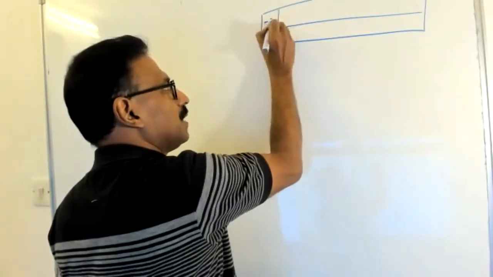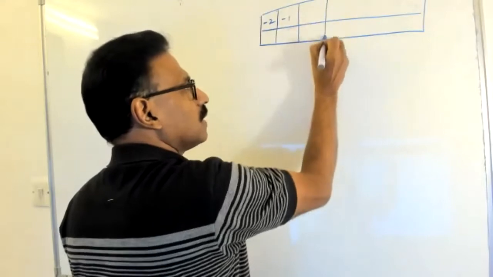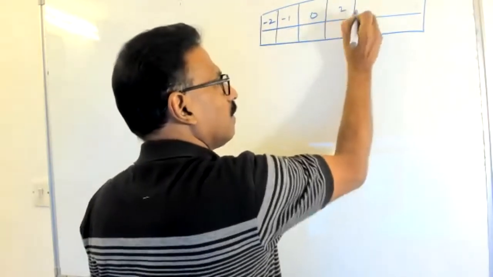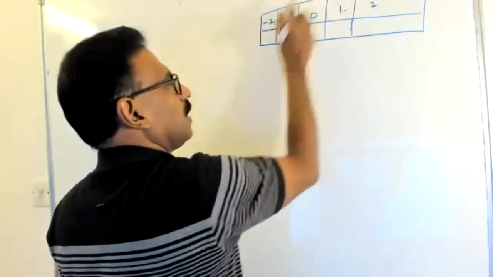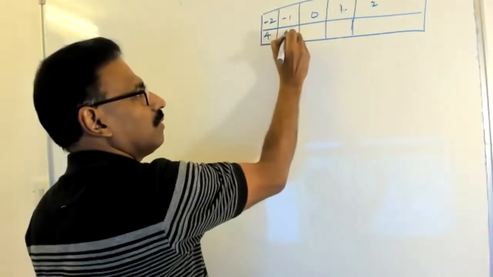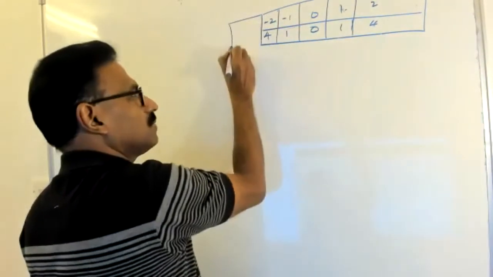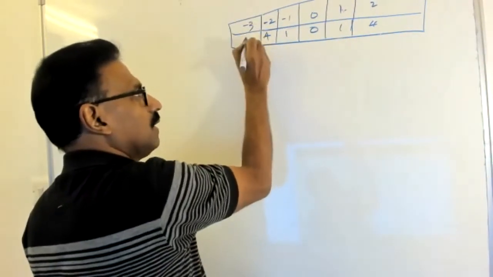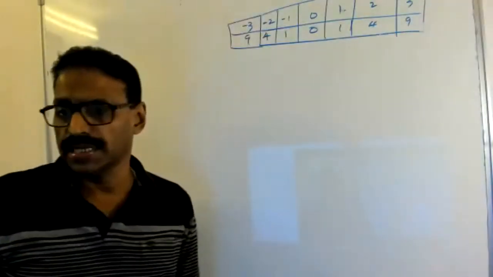I just substitute minus 2, minus 1, 0, 1, 2. Here is 4. This one 1, 0, 1, 4. If I substitute here, one more value comes: minus 3, 9. Here also 3, 9. This is how the values are coming.